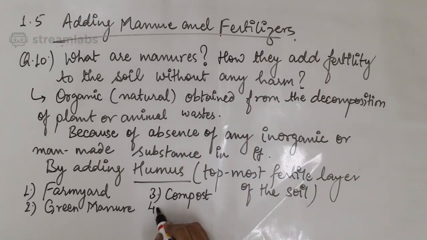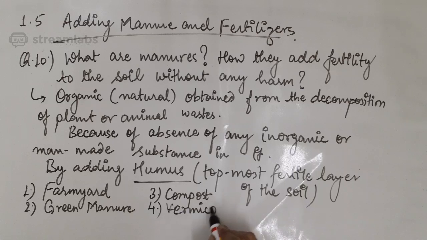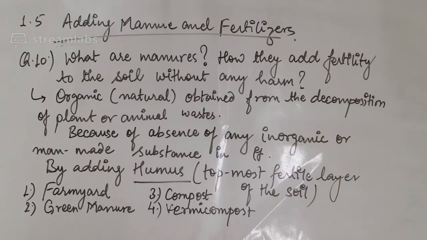And the fourth one is the vermicompost, which is formed by the action of worms like earthworm on the decomposition of the organic material. These are the examples of manure which may be added for the increase in fertility.